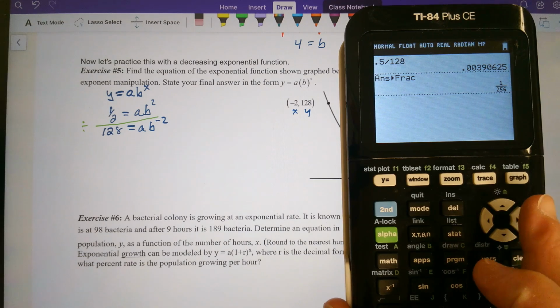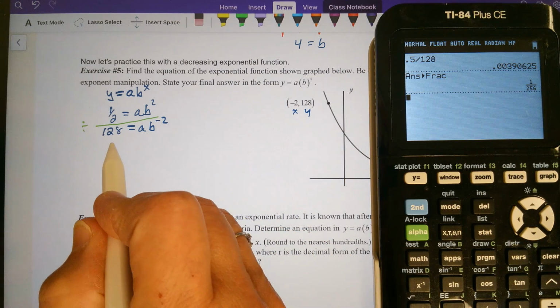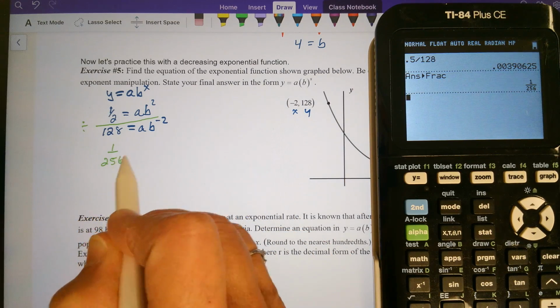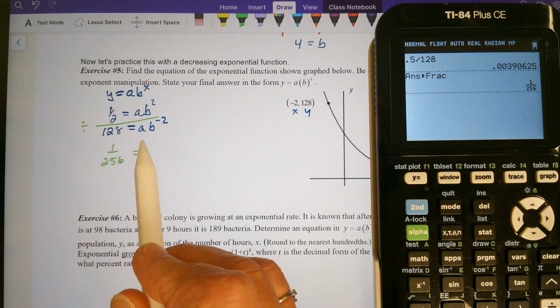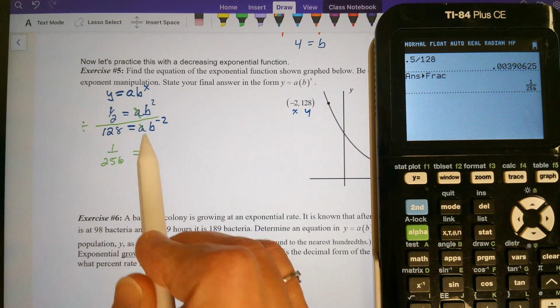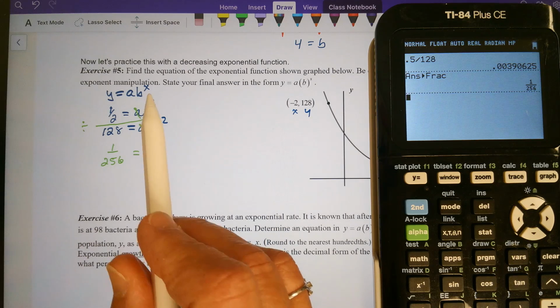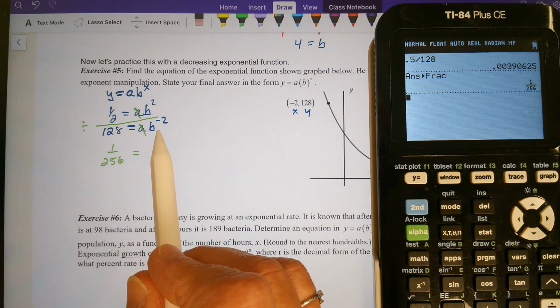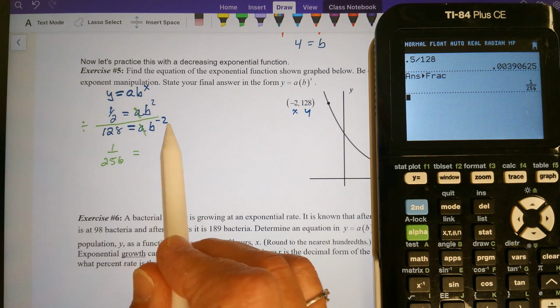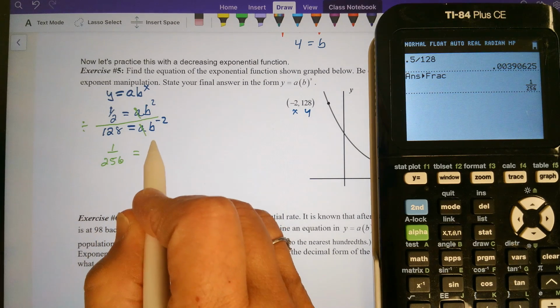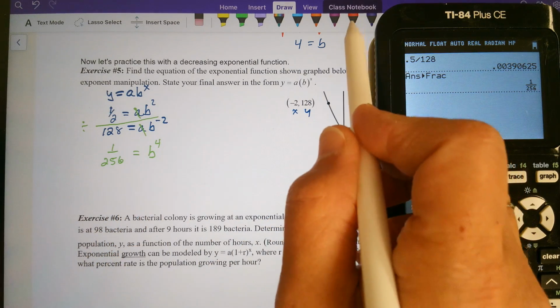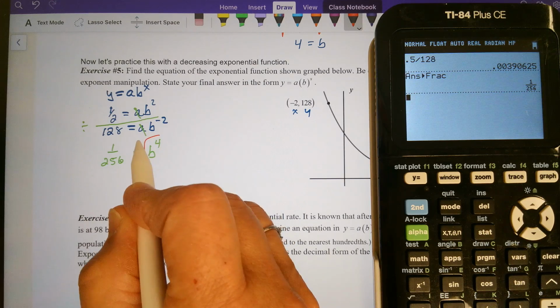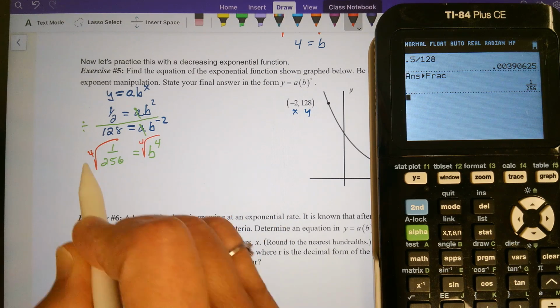And I'm going to give the fraction answer of 1/256 equals, the a's divide out, right? B to the second divided by b to the -2, we're subtracting. 2 minus -2 is +4. And now we take the 4th root of each side.